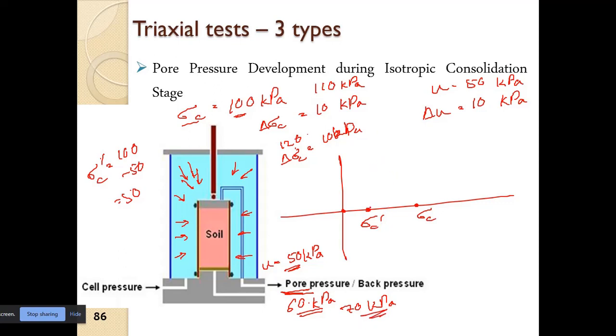So basically sigma C dash is remaining constant. The effective stress state is remaining constant. So whatever load we are applying, since it is an undrained condition, the effective stress state is remaining constant.